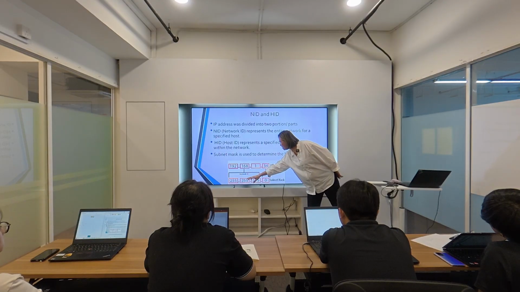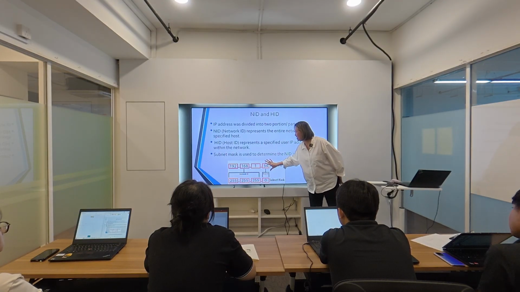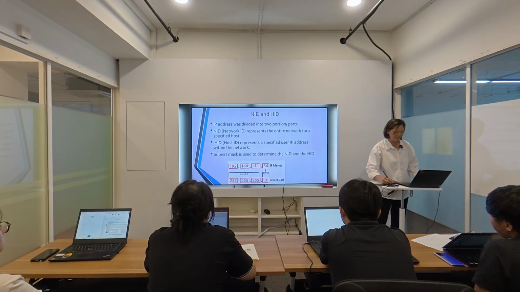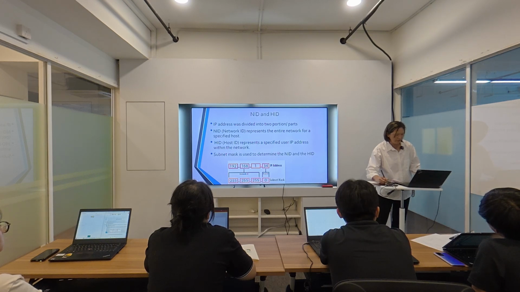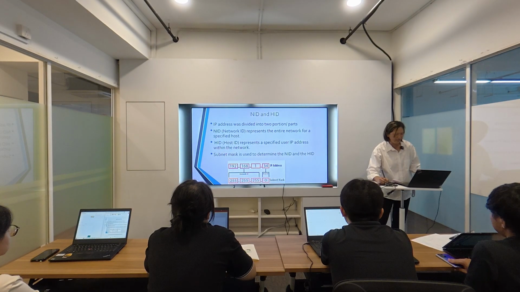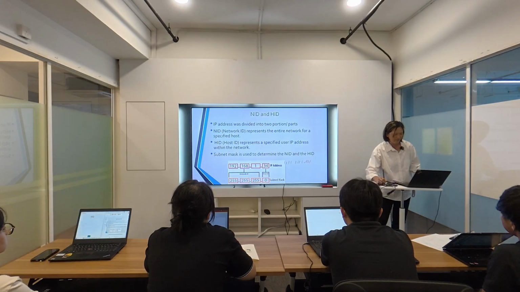The 255 subnet mask is actually 1111 1111, and you have three sets of the 8-bit 1s. I have no space here, so I'm drawing it on the next row.